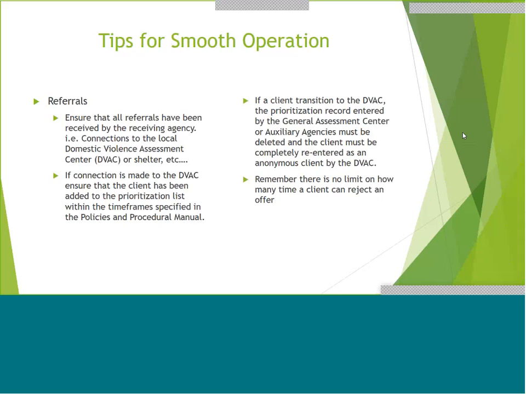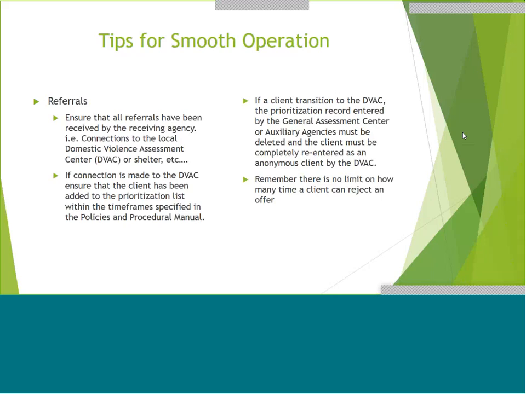There are policies around when a consumer is added to the prioritization list, so we just want to ensure that we're meeting the specified policy, which we'll go over here in a moment.